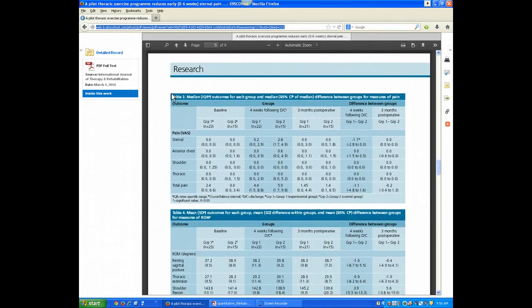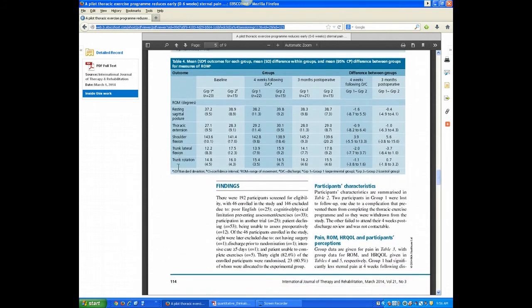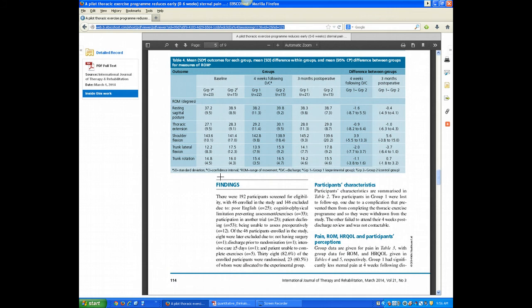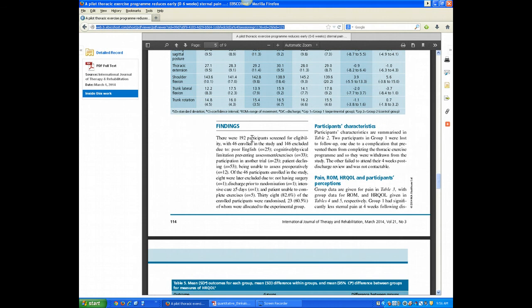And I continue to scroll and see more numeric data analyzed between the two groups for different pieces that the researchers have measured. As I scroll down, I come to the findings section, sometimes also labeled results, and a discussion of the results that have been found. I see indications of statistical analysis.